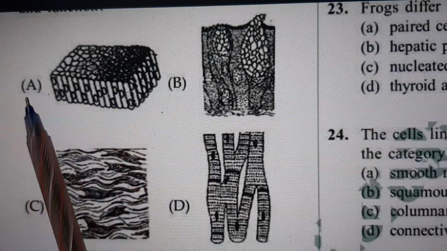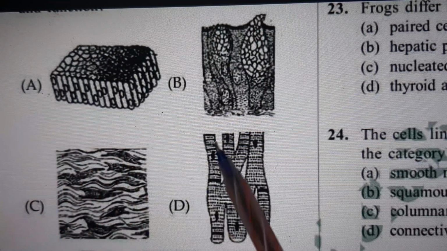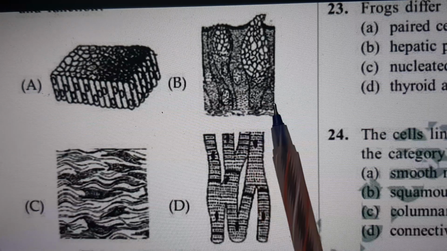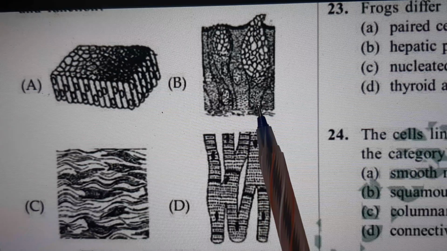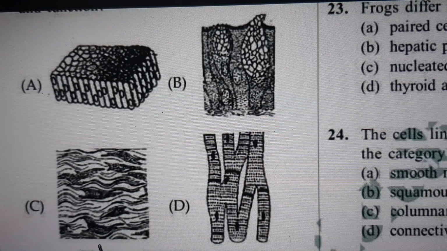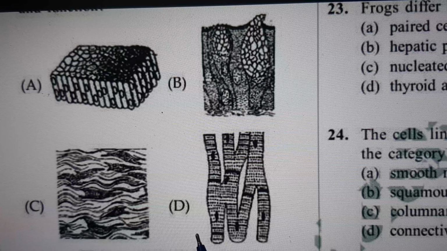So figure A is columnar epithelium. Figure B is glandular epithelium, and that too it is unicellular glandular epithelium. When we look at figure C, it is dense regular connective tissue. And figure D, we have cardiac muscles.